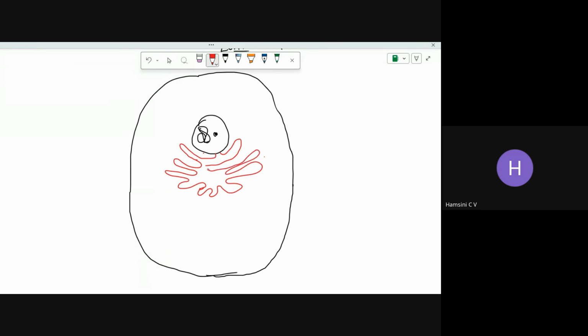Along with this, there is the presence of the Golgi complex here. This is the cis phase, and the trans phase is here. So this is how it will be, and the vesicles will be here.